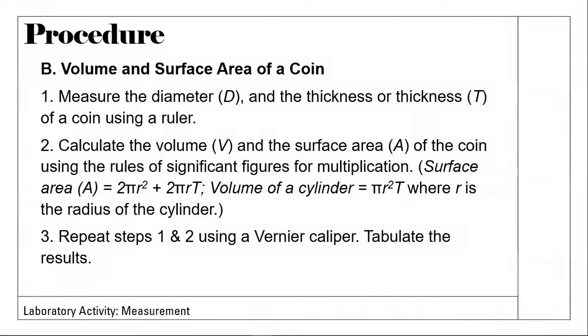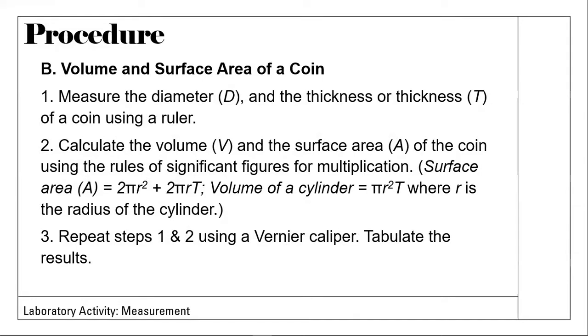Procedure letter B. Measuring the volume and surface area of a coin. Measure the diameter and the thickness of the coin using a ruler. Calculate the volume and the surface area of the coin using the rules of significant figures for multiplication.